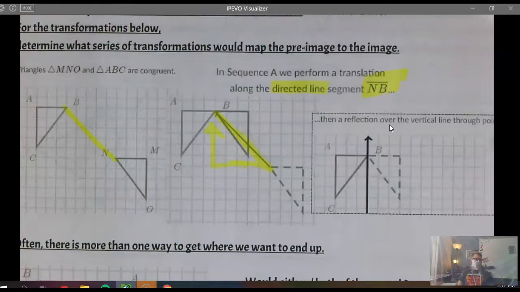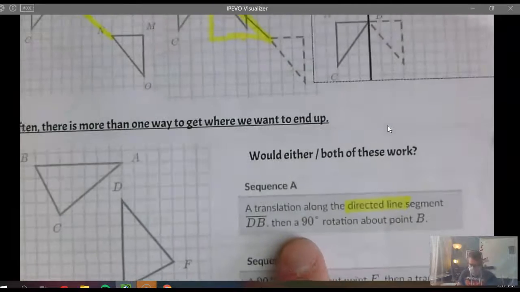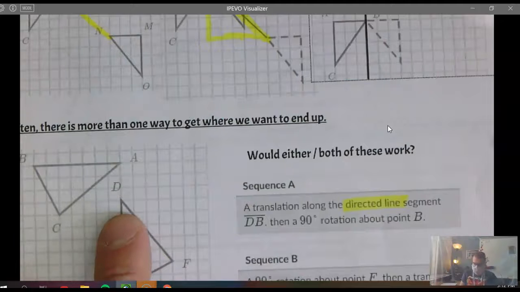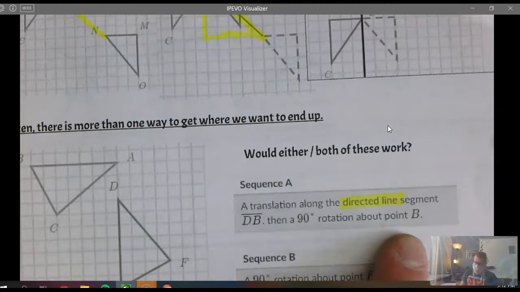You can point a vector, like an arrow, and say, go here. You don't actually have to say negative 7 and 2, or whatever it is. Go left and go up. You don't actually have to say that a lot. So, Maya, a translation along the directed line segment DB. All right, so we're going to get this over to there. Then a 90-degree rotation about point B. What do you think?